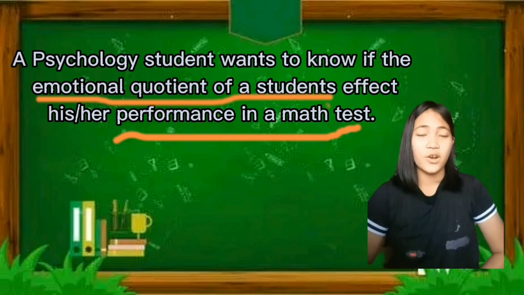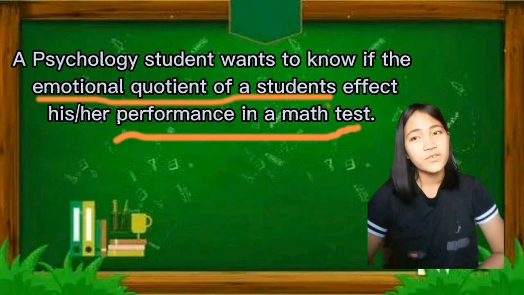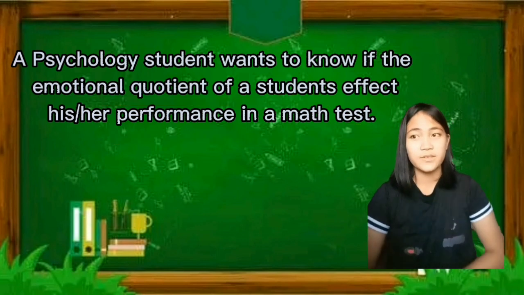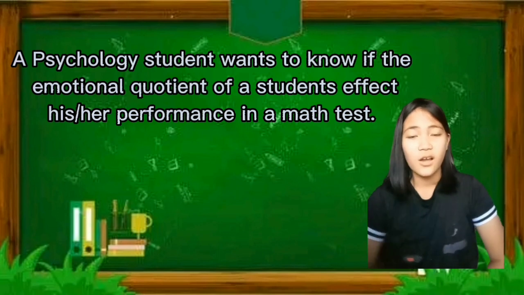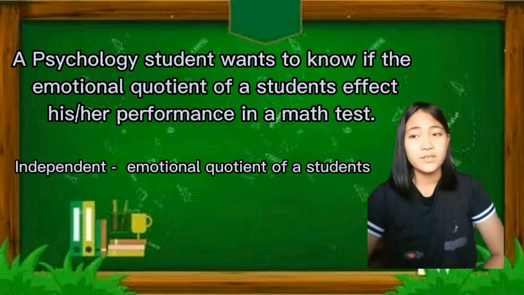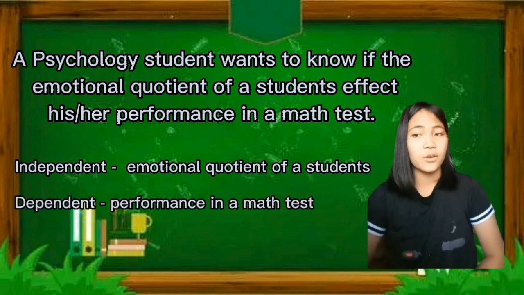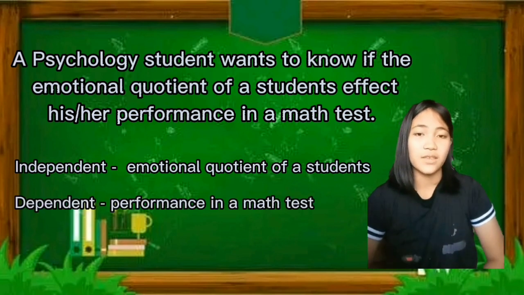As we look at our given situation, we want to know if the emotional quotient affects math test performance. Looking at that logic, our independent variable is the emotional quotient of the student, and our dependent variable is the performance in a math test.